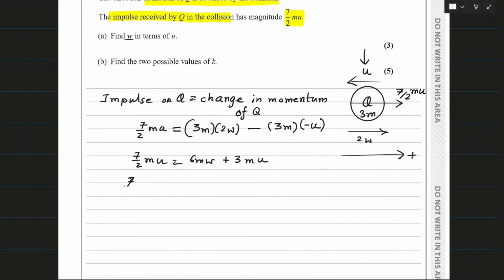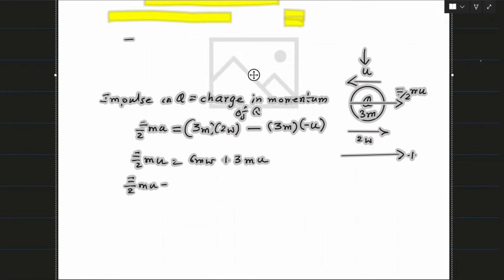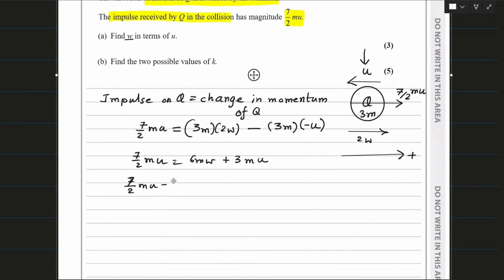Now we will make w the subject of this formula. We have 7 mu minus 3 mu is equal to 6 mw. So w is equal to (7/2 minus 3) mu divided by 6m, and we can cancel out m from the bottom and the top of the fraction.